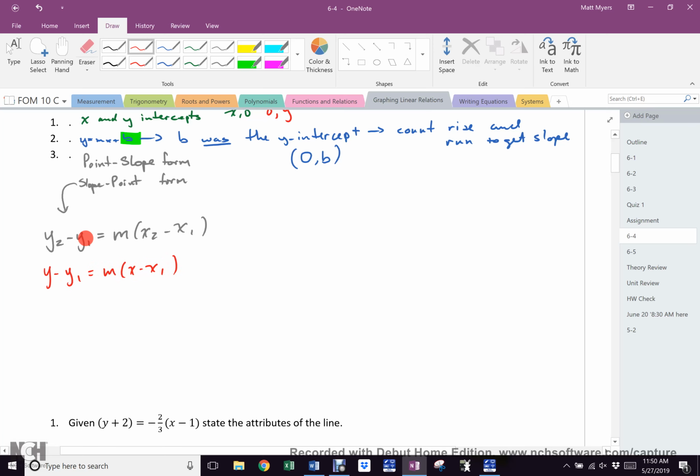And you will notice the x1 and the y1 are in the same spot, yes? Now, all you have to remember about this form, even though it looks ugly, is it's made up of the same stuff, yes? x's, y's, and a slope, right?